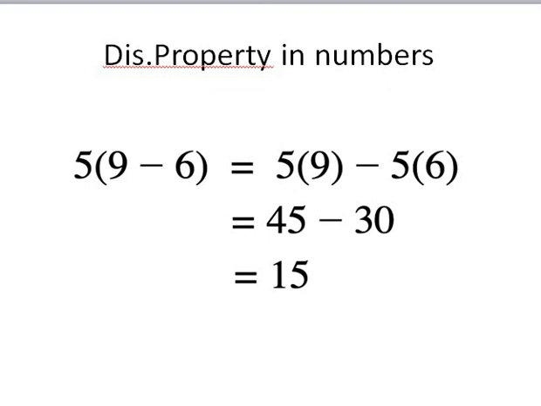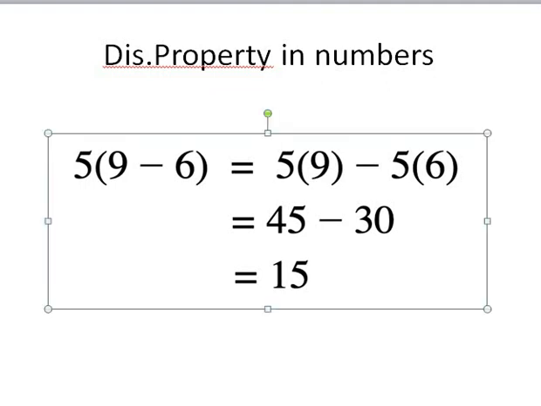So 5 times 9 is 45, minus 5 times 6, which is 30. Then 45 minus 30 equals 15, which is the same as when you subtract 9 minus 6 equals 3, times 5 equals 15.